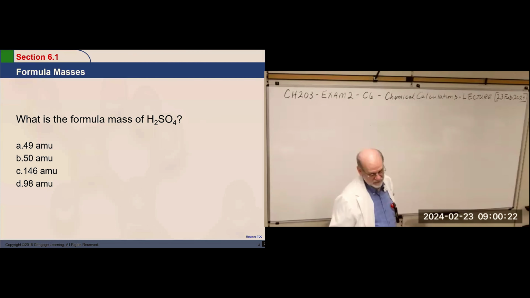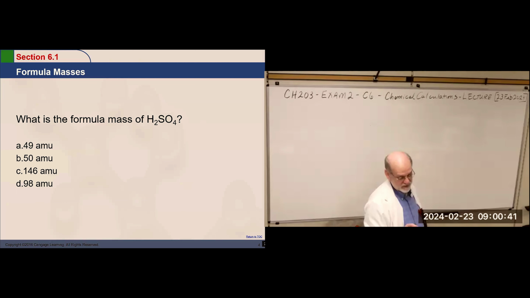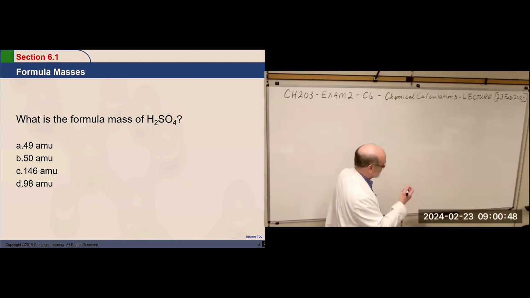So if we want to find the formula mass of that, now, in this case, the answers are given in atomic mass units. So what we're looking for here is the mass of each of the atoms, right? So for that formula, we would have 2 atomic mass units of hydrogen.